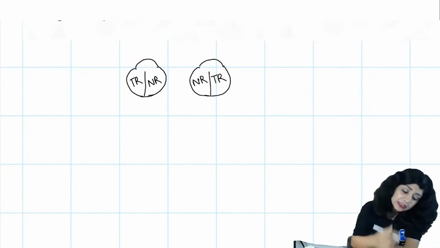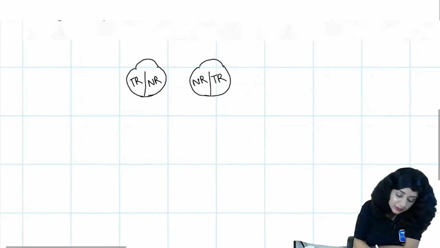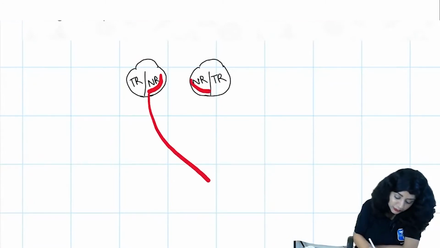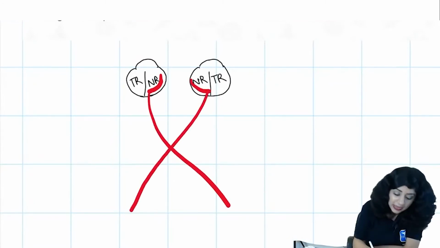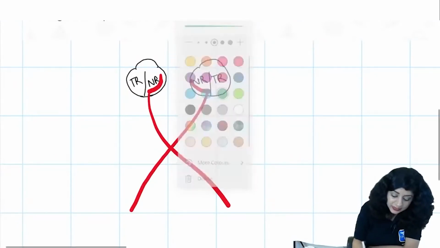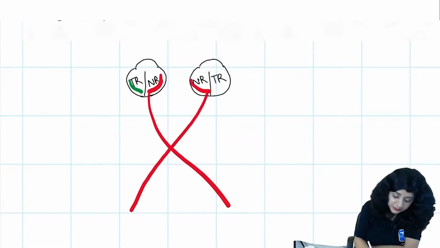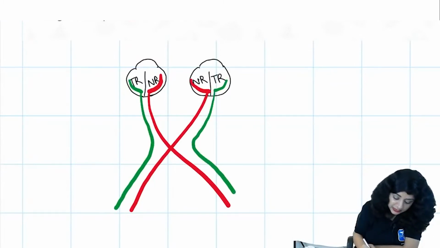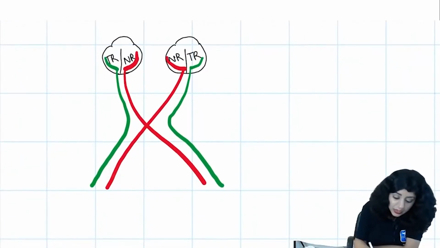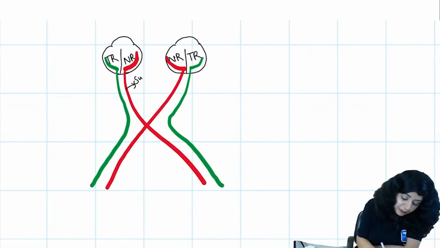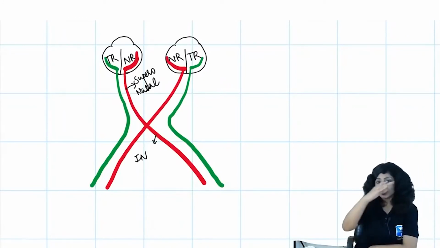In the nasal retina we have the nasal fibers of the optic nerve coming out, which will be crossing over, and towards the temporal side we will have the temporal fibers, which remain on their own side like this. These are your nasal fibers. This is your supranasal fiber, and these are your infranasal fibers which are crossing over.